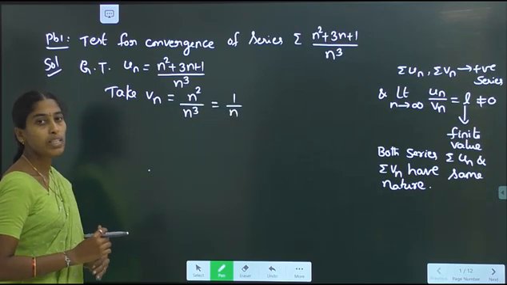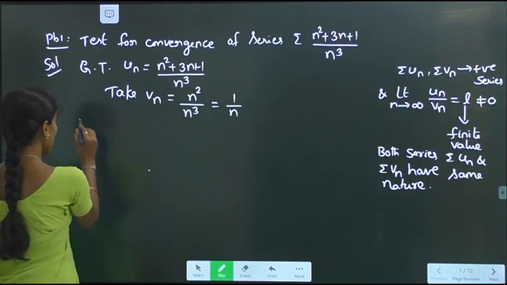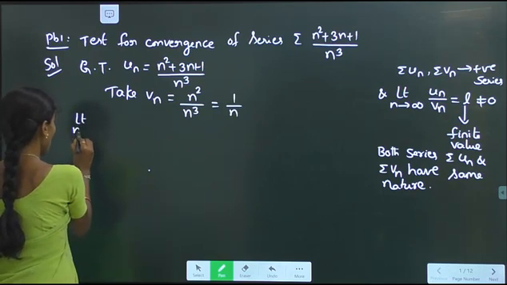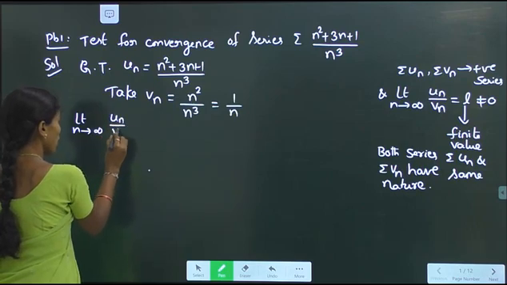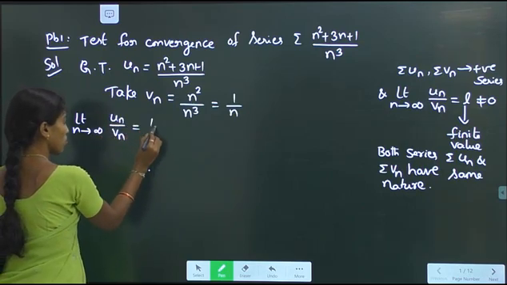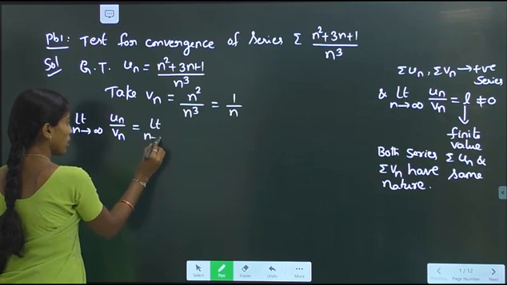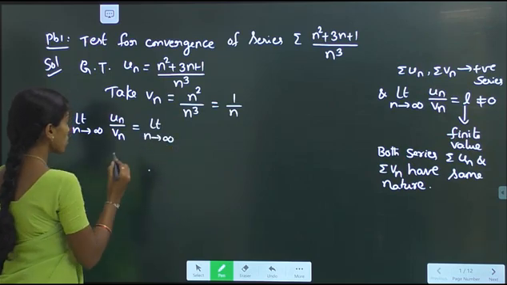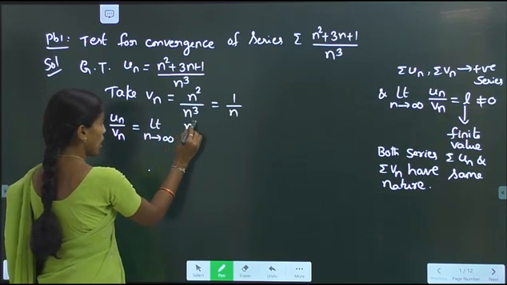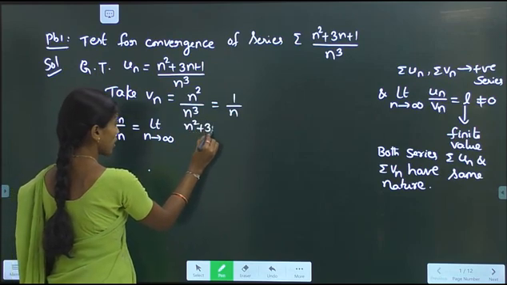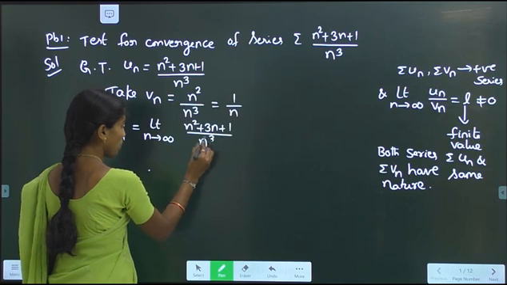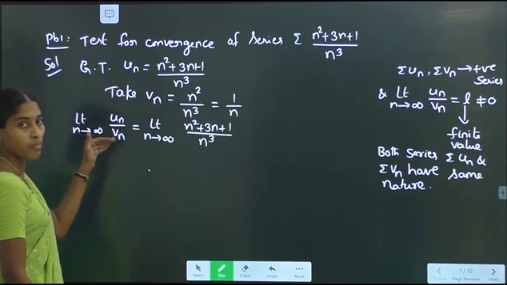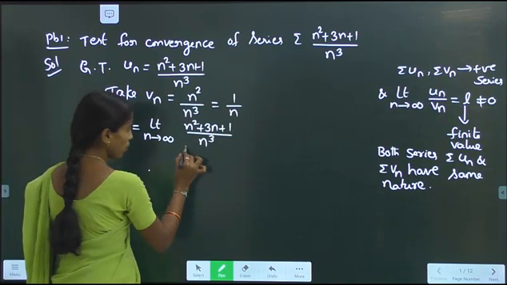Now we apply the limit form of comparison test. So limit n tends to infinity, un by vn is equal to limit n tends to infinity. What is un? n square plus 3n plus 1 by n cube, by vn, that is 1 by n.